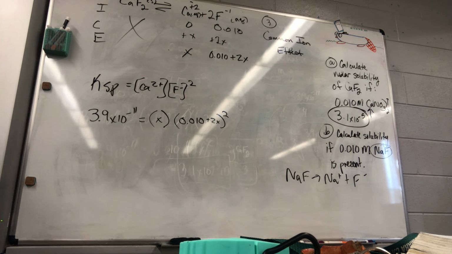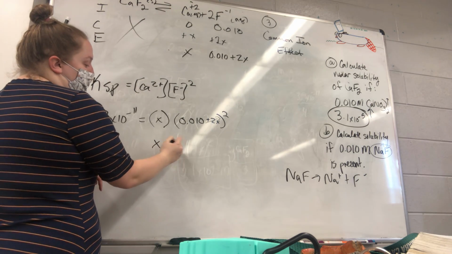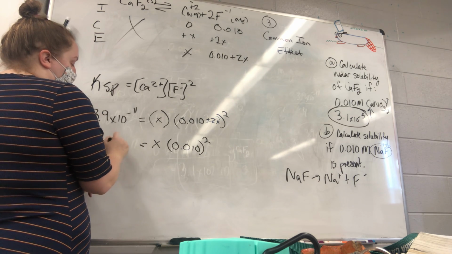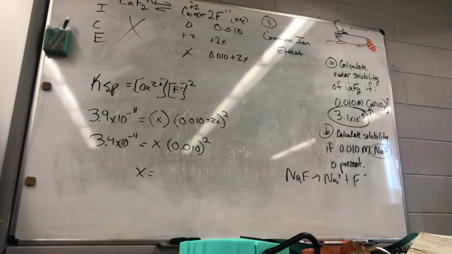If we ignore the 2x, what do we get x to be? Much easier to solve, right?